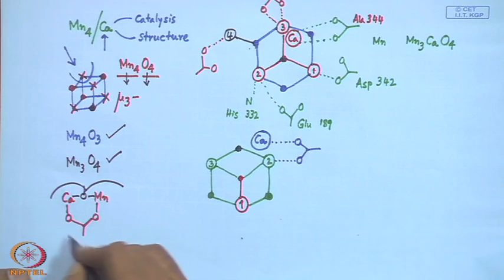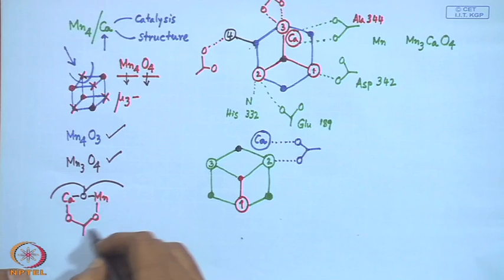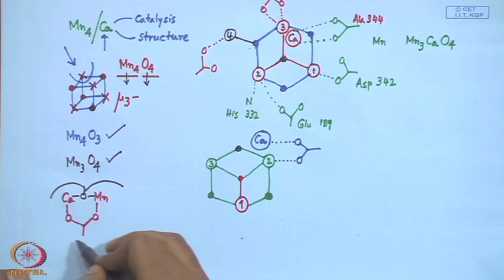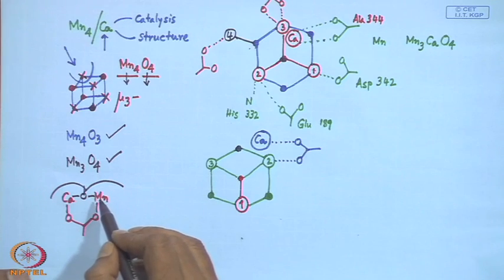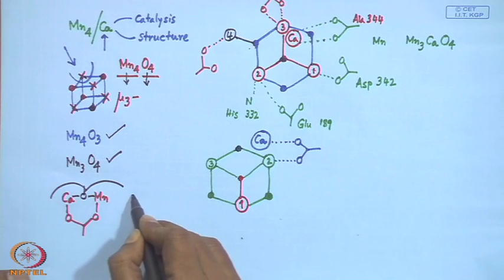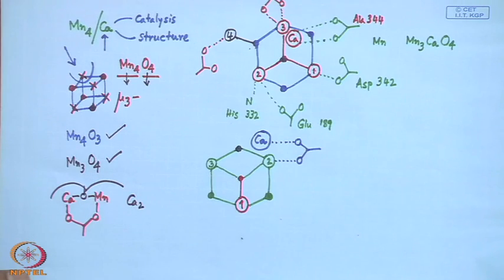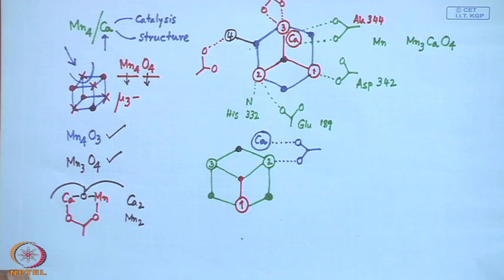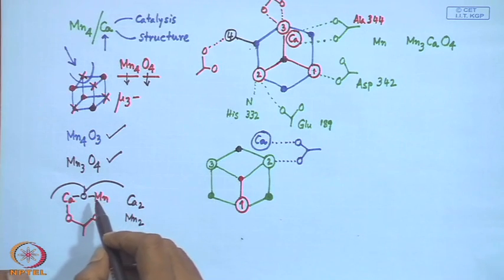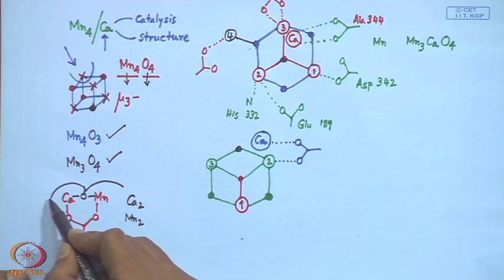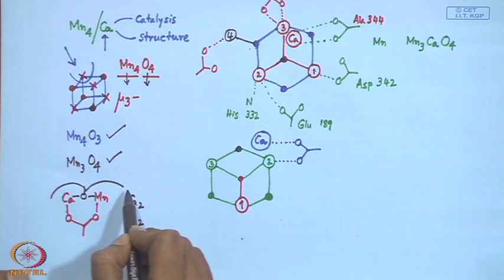You are using manganese acetate as the metal salt, and calcium acetate can also be made, but it is not possible to make this heterodimetallic system, because all the time you will end up with either a dicalcium compound or a dimanganese compound, because your coordination environment for these two is symmetrical in nature.